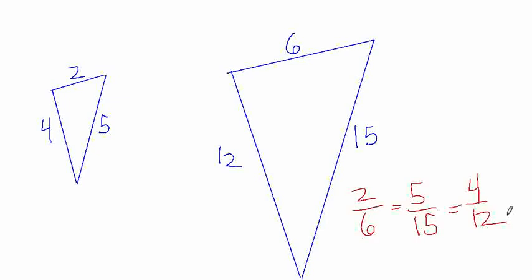So all three corresponding side length ratios are equal, and that's sufficient by the SSS theorem to establish that the two triangles are similar. So we can state, without having to do any more work, that the triangles are similar. All right? And I hope that that is what you got.